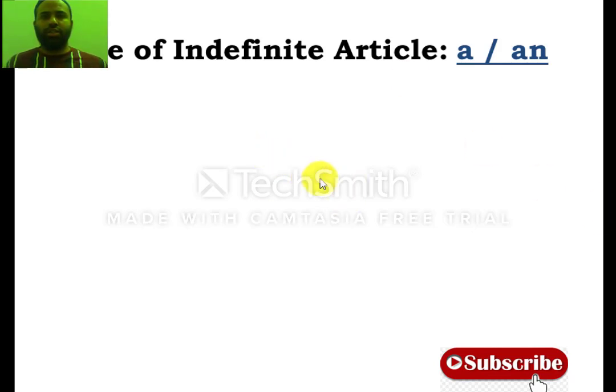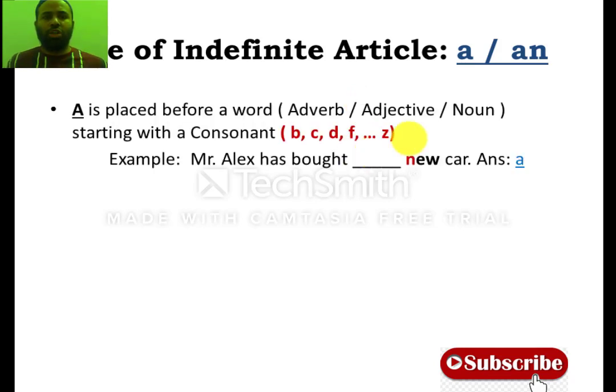Okay, dear student, now we'll talk about where you should use article a, called indefinite article. That means not specific. Dear students, you are watching on the screen. A is placed before a word, adverb, adjective, noun.